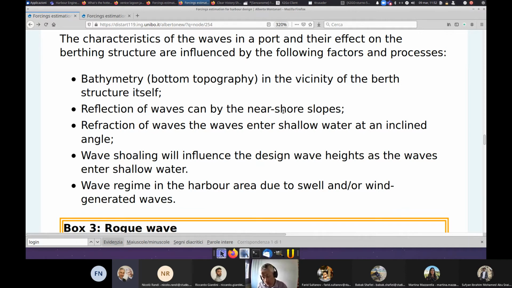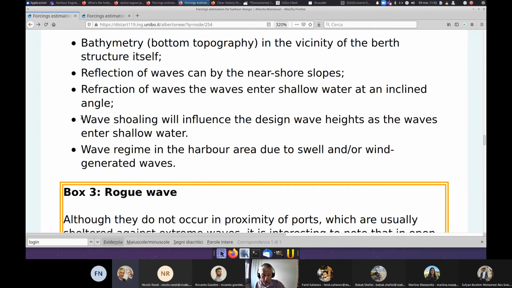Let's say that once we design the layout of the harbor, we have to take into account the reflection, and you know what is the reflection, and also refraction. We have to take into account the refraction of waves. We have to take into account wave shoaling.